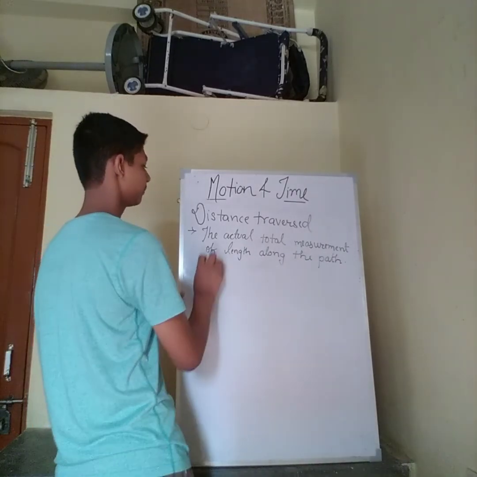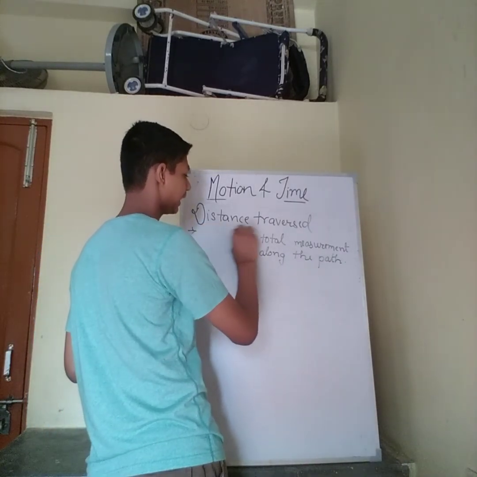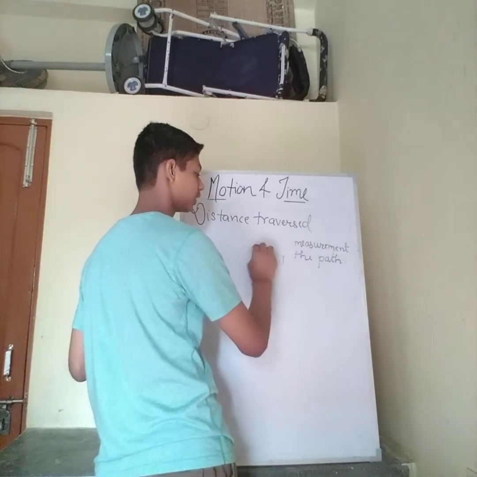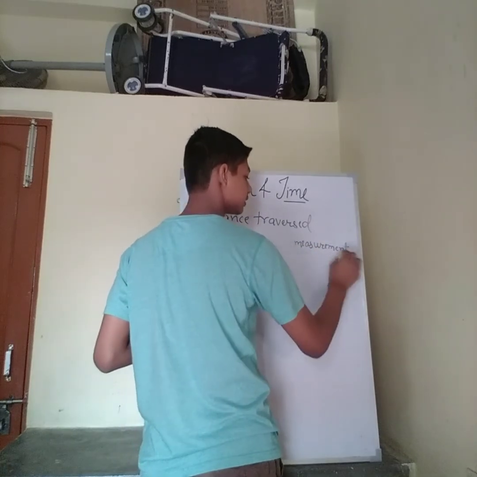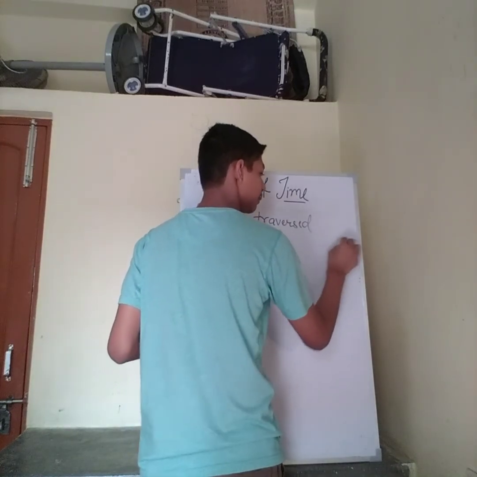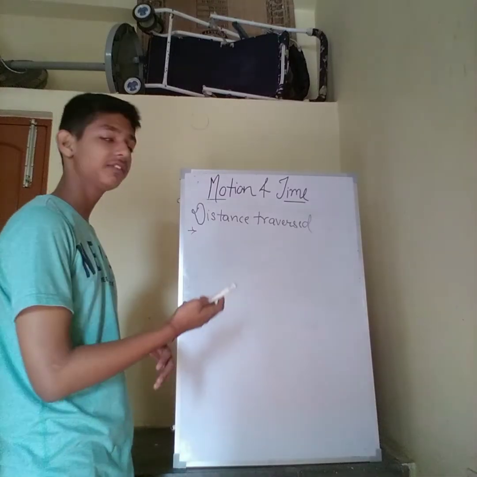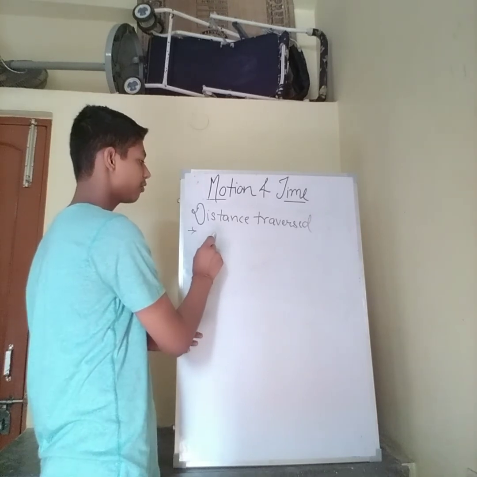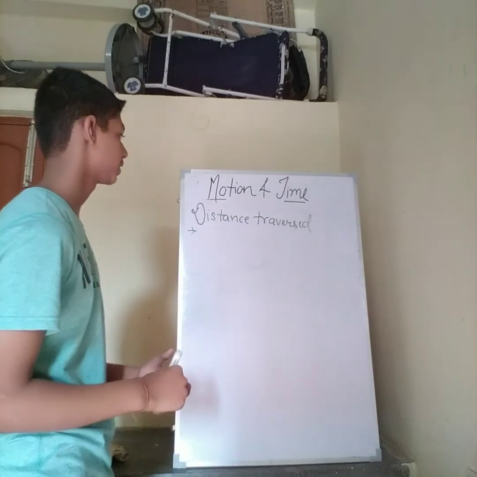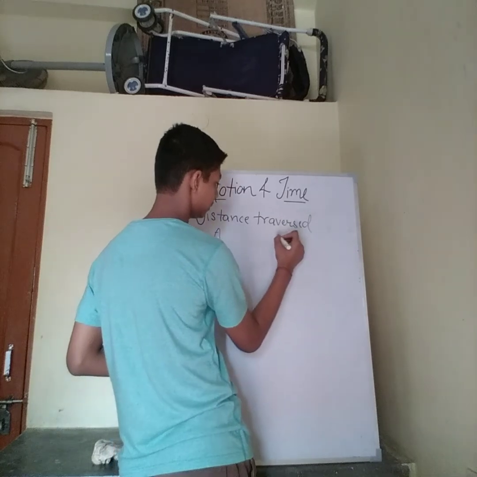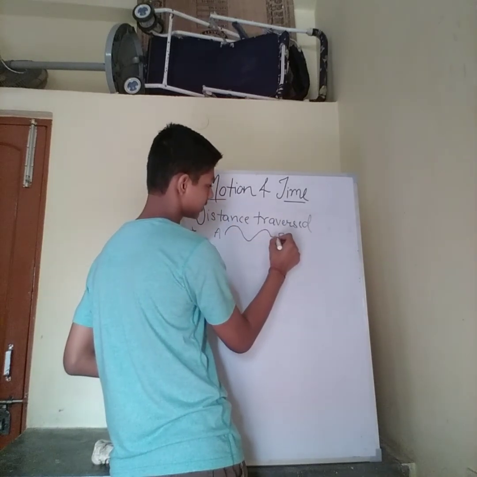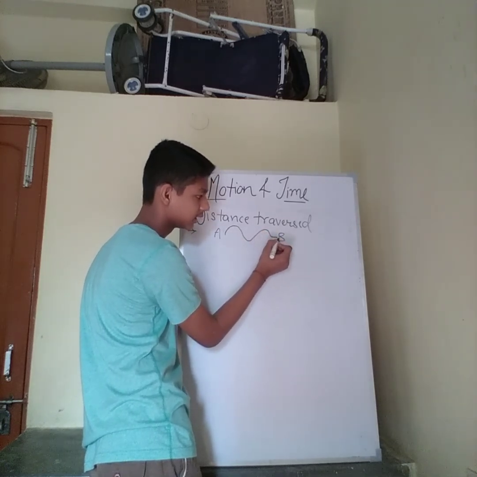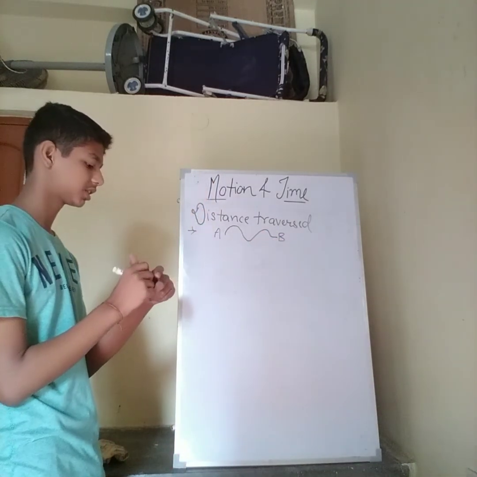For example, we will take initial position A and final position B. The arrival point, which will be reached by the particle or object, is called the final position, and the leaving position is called the initial position, like A and B. If a particle goes like this, then the total measurement of the distance of this actual path will be the distance traversed.